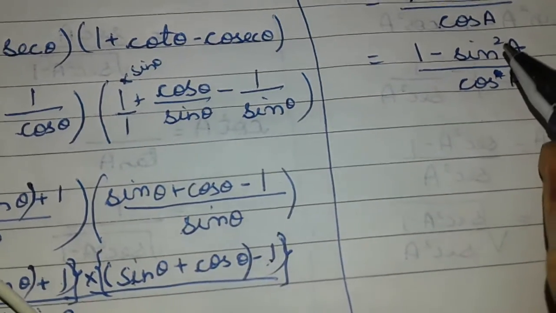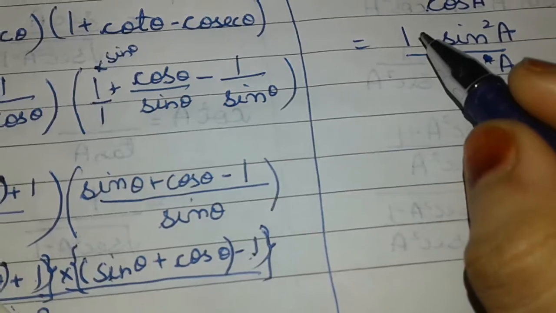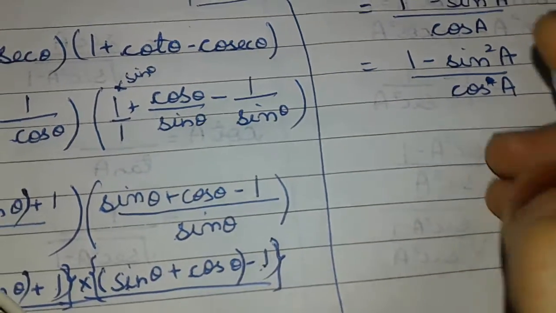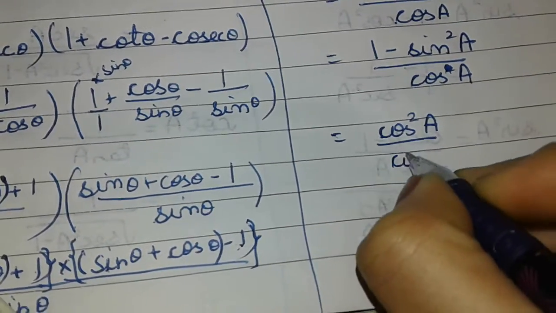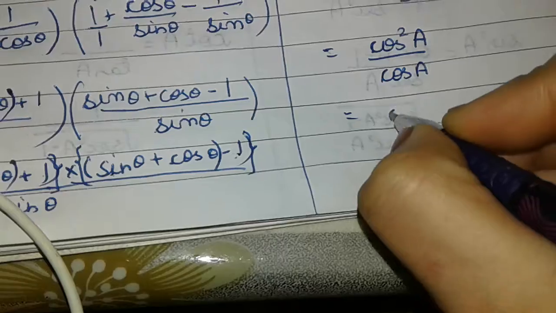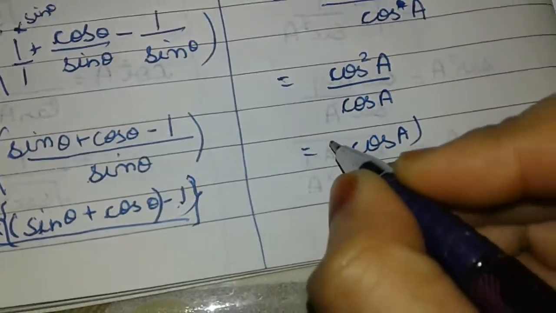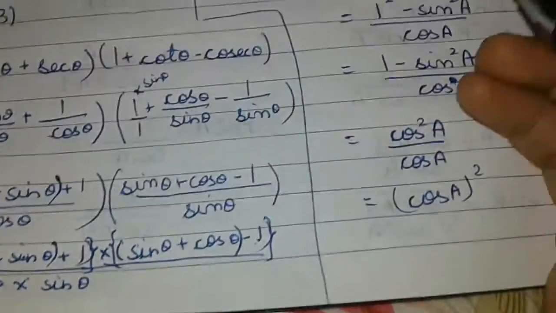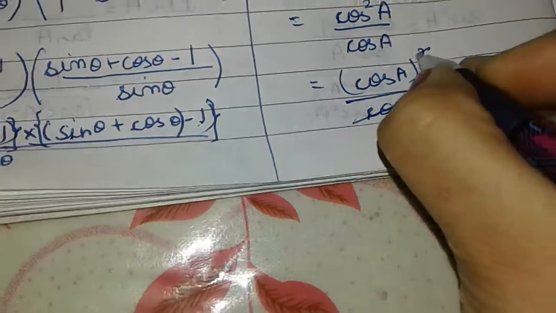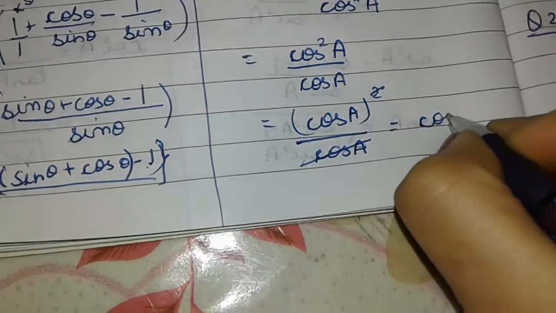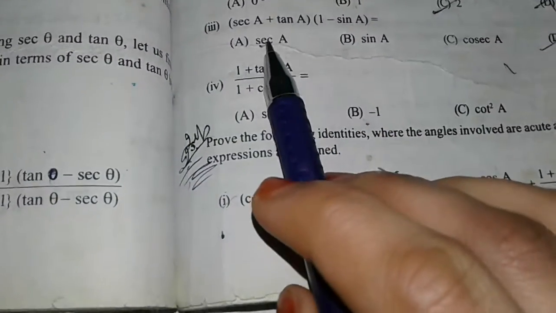From that identity we will find cos square A is equal to 1 minus sin square A, and it will be written as cos square A upon cos A. This square can be written as cos A to the whole square upon cos A. Now this one square will be cancelled out with this cos A and the answer will be cos A. Check this answer in the options: sec A, sin A, cosec A, cos A. The answer is D part.